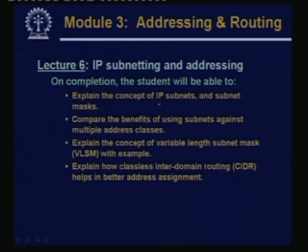Here we started by talking about the basic concepts of IP subnets and subnet masks. We had also mentioned that as an alternative to using subnets, we can also use multiple address classes. So, what are the relative benefits? Why use subnets and not multiple address classes? This is what we discussed.